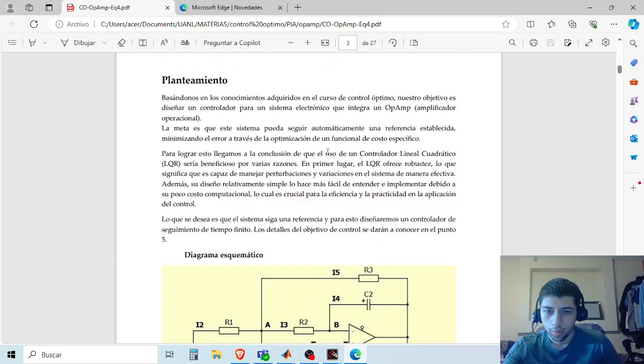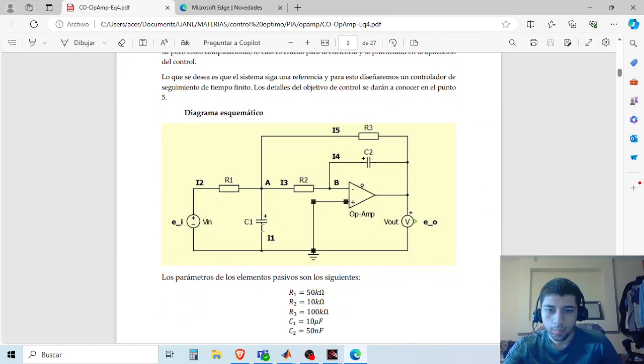So for the system, we chose an op-amp, an operational amplifier with a certain configuration, which is a double low-pass filter. Why is it double? Because, as we know, the configuration of a resistance and a capacitor in this way gives us a low-pass filter.